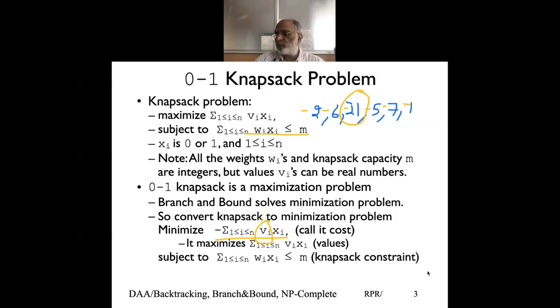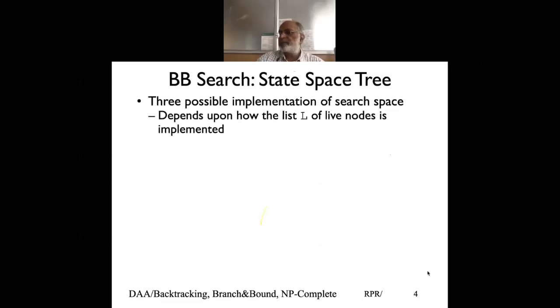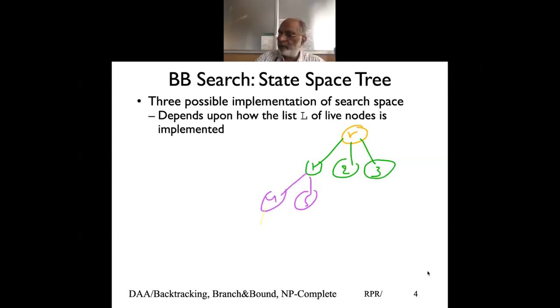And this is the problem we're going to solve, because branch and bound, as we've seen, does that. So we'll basically again build a state space tree, and as we discussed yesterday, we start from the root node, and then we explore the nodes 1, 2, 3, and then we explore further 4, 5, 6, 7, and then 8, 9 and so on.